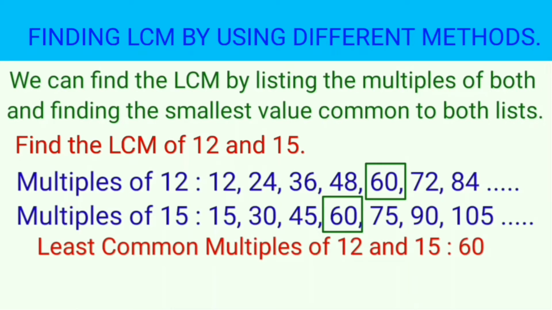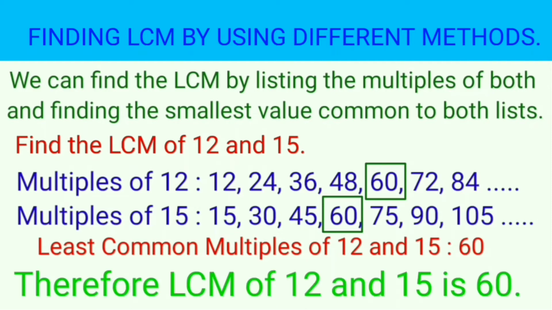Multiples of 15: 15, 30, 45, 60, 75, 90, 105 and so on. Least common multiple of 12 and 15 is 60. Therefore, LCM of 12 and 15 is 60.